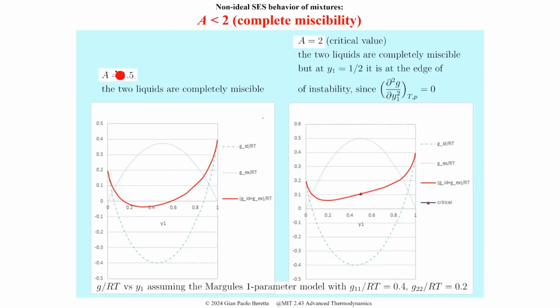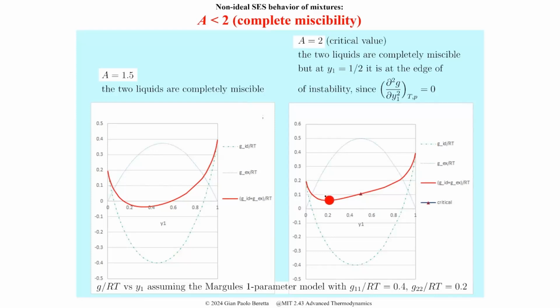In general, this A depends on temperature. Let's say at these temperatures, the two liquids are completely miscible. As you decrease the temperature, the value of A changes, and eventually you reach the critical value A equals 2.